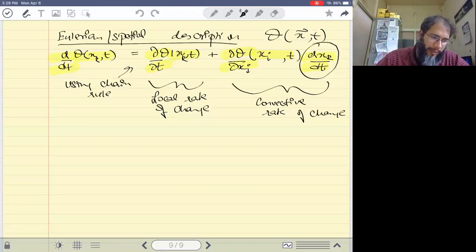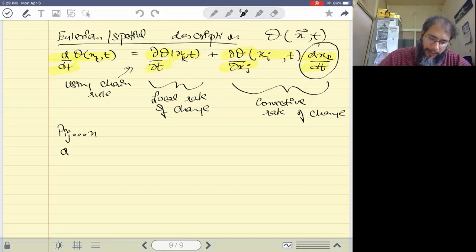Theta was just some variable that we have chosen. It could be a tensor field as well. So the material derivative can be applied to some tensor field P, which is an nth order tensor.